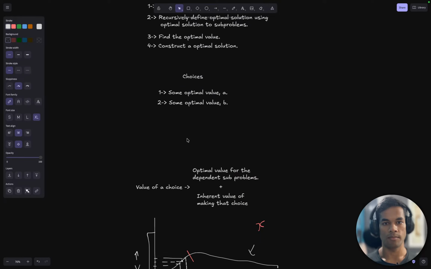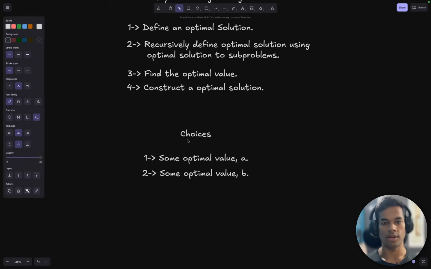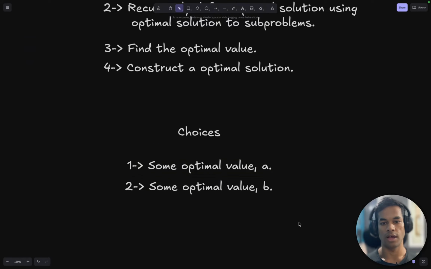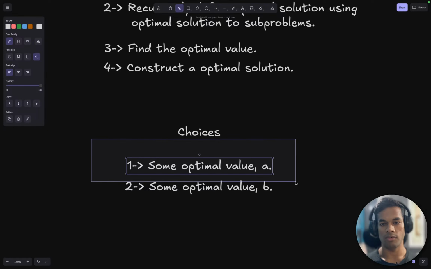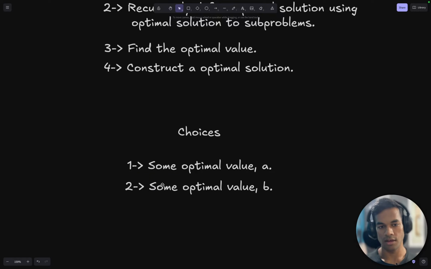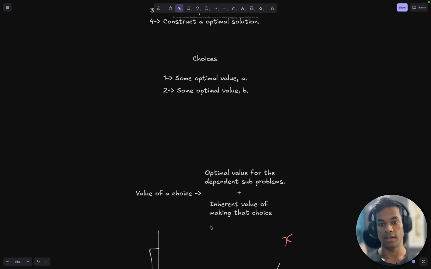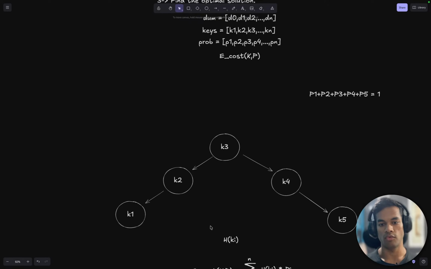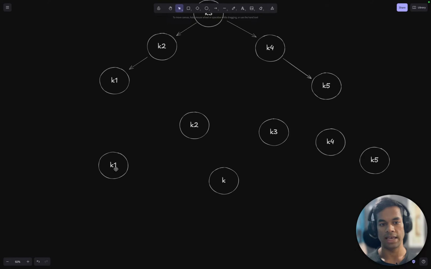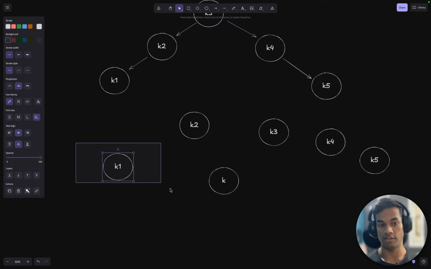Like I said, at every step we have some choices and those choices give us some values. If I make choice one, the optimal value is, let's say, A, and when I make the second choice the optimal value that is returned to me is B. So when I choose K1 as my root, I will get some optimal value.